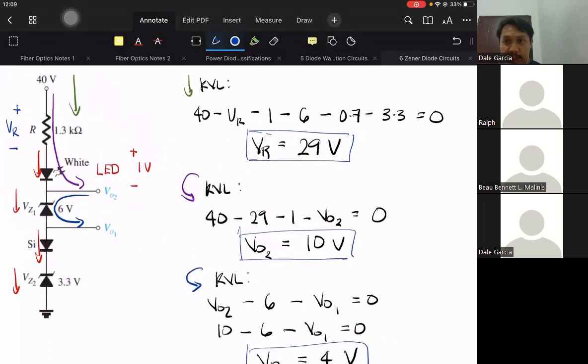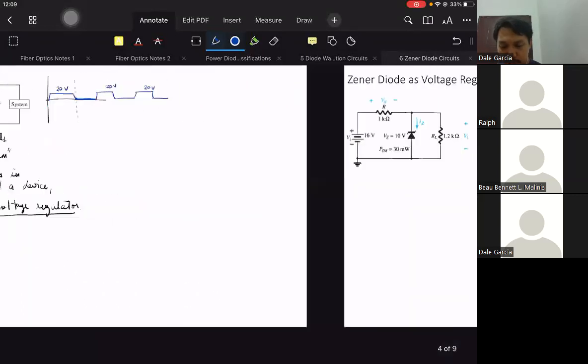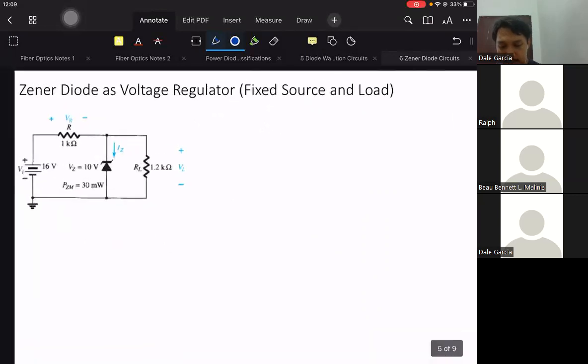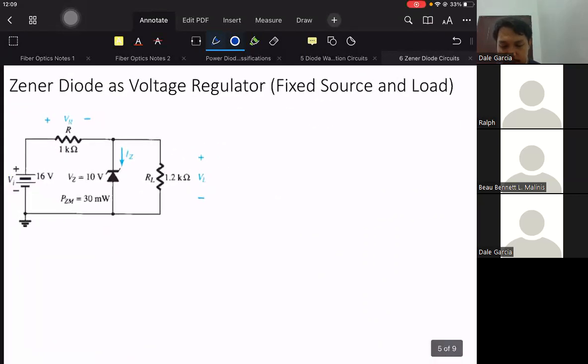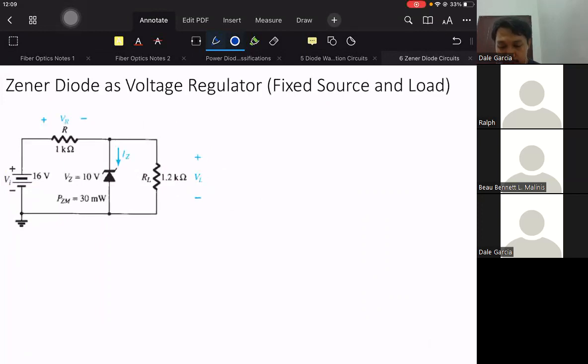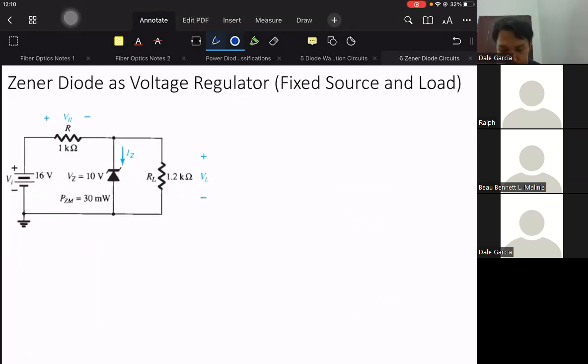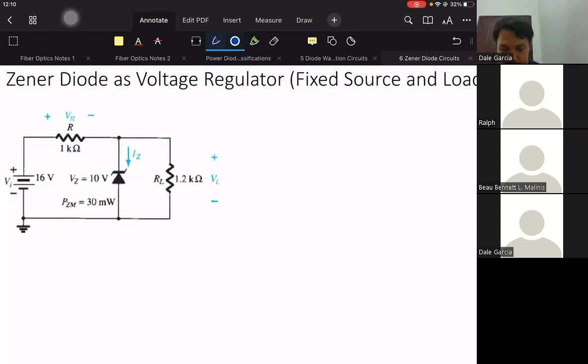We do not normally use Zener diodes that way, but we use Zener diodes as voltage regulators. So the Zener diode as a voltage regulator is connected to a fixed source and fixed load. So, this is what we will solve this morning. Notice, the Zener diode is connected in parallel with our load. So we label this one as our source resistor.